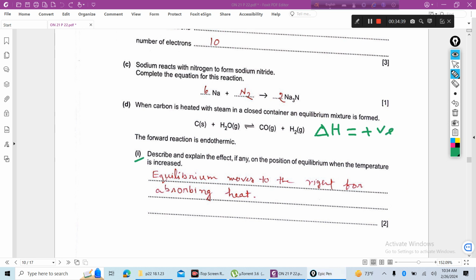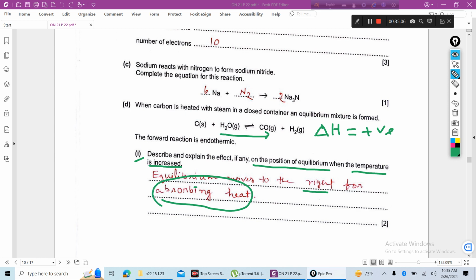Now describe and explain the effect, if any, on the position of equilibrium when the temperature is increased. If you increase temperature, position of equilibrium will move in which direction? As this reaction is endothermic, it will move from left to right. Equilibrium moves to the right. Why?